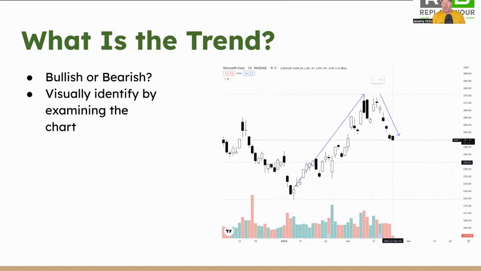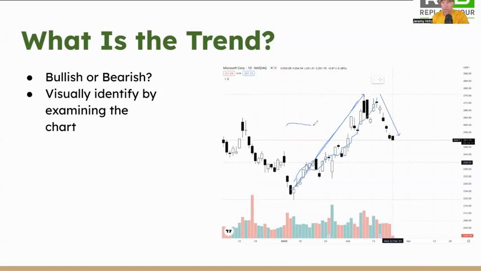Now, there are several types of time frames we can look at on our candlestick chart, so we can have different trends depending on the time frame that we're looking at. And really, the way we're identifying the trend is by visually looking at it and seeing it. You can see here on this example on Microsoft, this is a daily chart. This arrow going up, we see all these candles just slowly going higher.